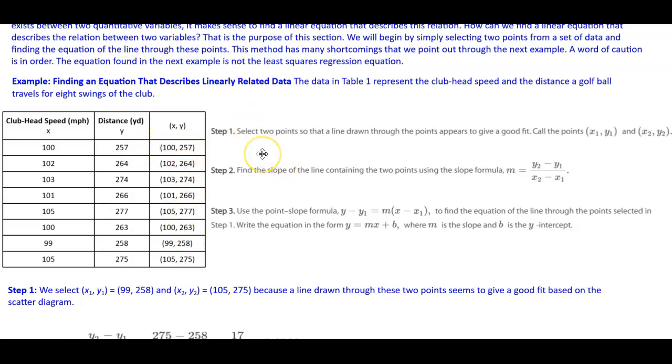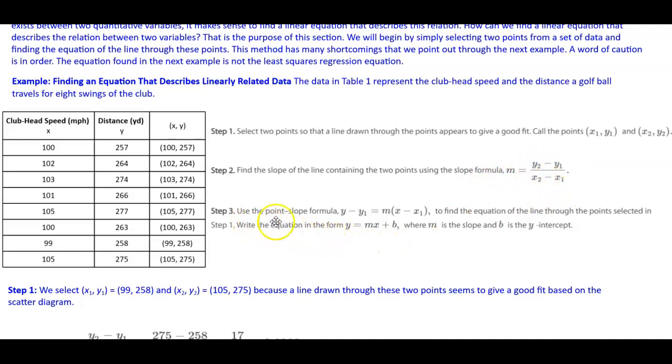In order to determine an equation that describes linearly related data, you're going to follow these steps. Step 1 is to select 2 points so that a line drawn through the points appears to have a good fit. We're going to call them x1, y1, x2, and y2. In step 2, we're going to find the slope of the line containing the 2 points using the slope formula, m is equal to y2 minus y1 over x2 minus x1.